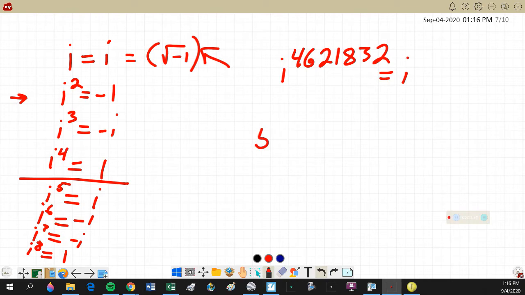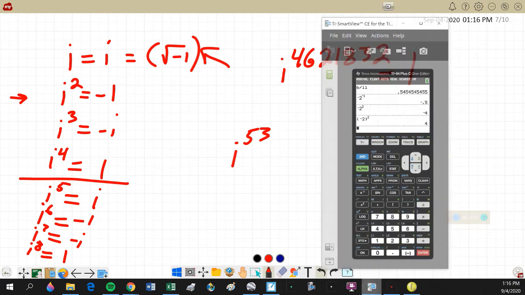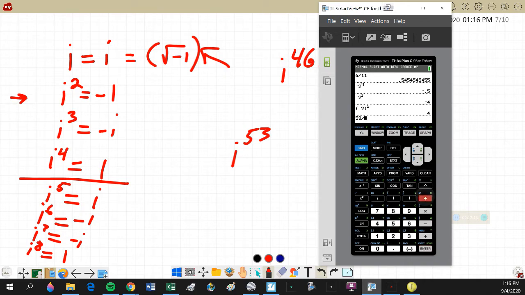What about I? Oh my goodness. 1, sorry. What about I to the 53rd? Well, let's just divide by 4. So I take my calculator and I do 53 divided by 4, and I get 13.25. So it's not divisible by 4, but what is the remainder? It went in 13 times remainder 1.